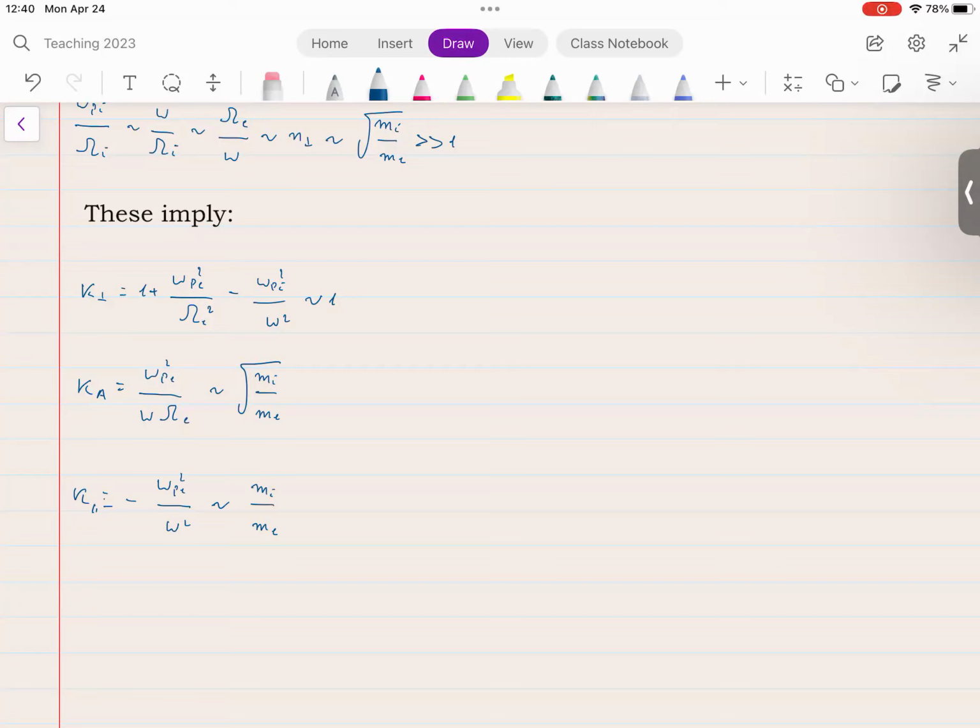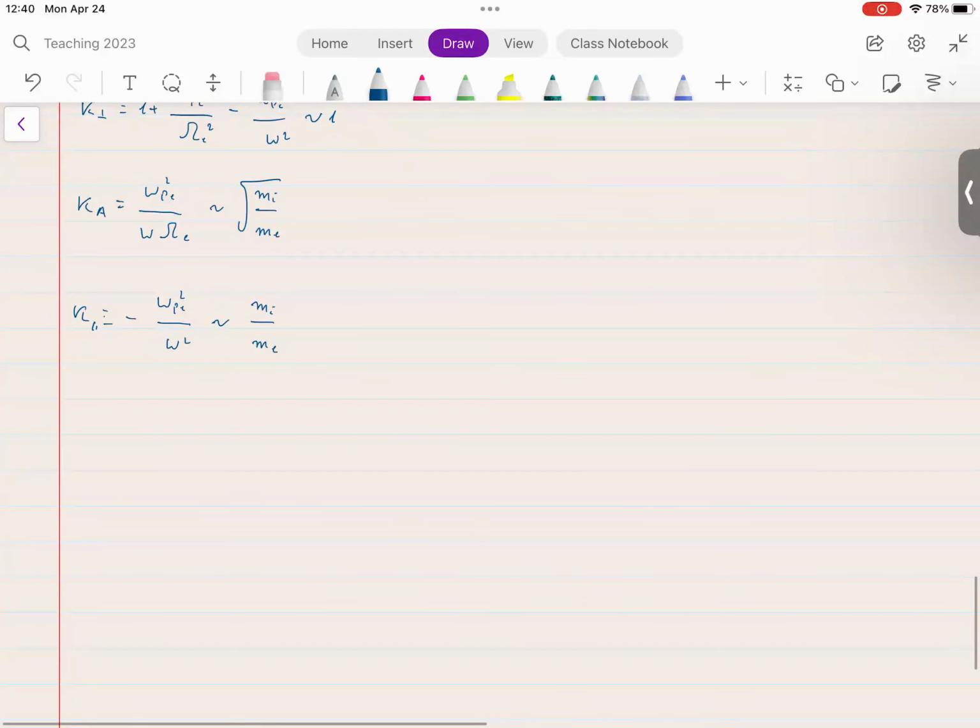Okay, then if I do that, work out things, I obtain that n perp square is going to be equal to minus K parallel over 2K perp times n parallel square minus K perp.